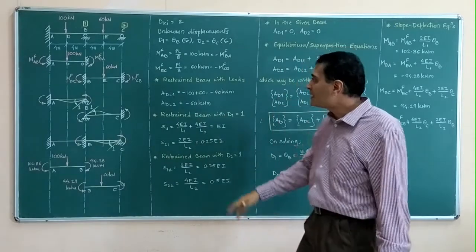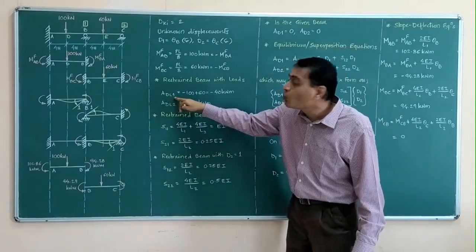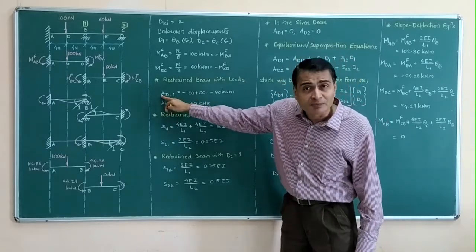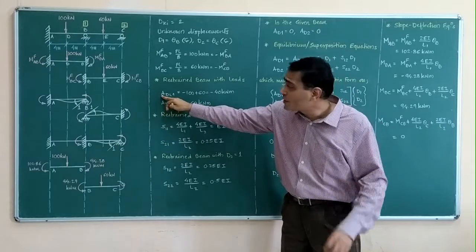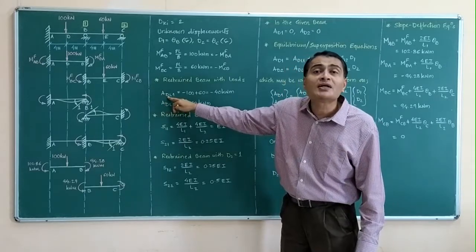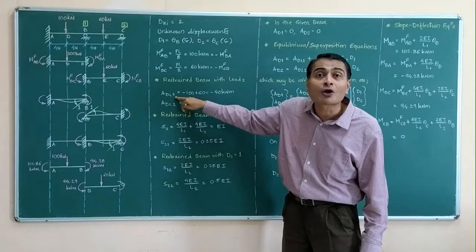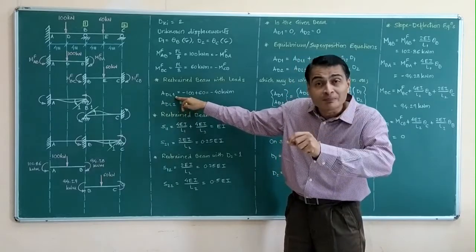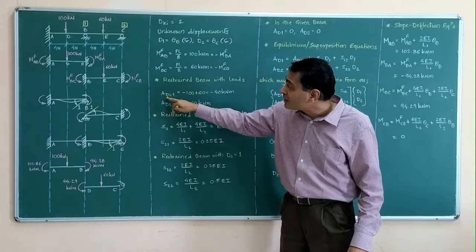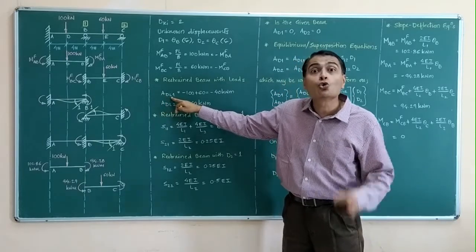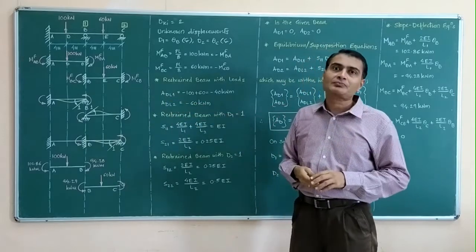Then what am I writing? I am writing ADL1. What is the meaning of ADL1? Action corresponding to unknown joint displacement theta B, because it is at 1 we are talking about. So D1, action corresponding to unknown joint displacement at 1 due to loads.